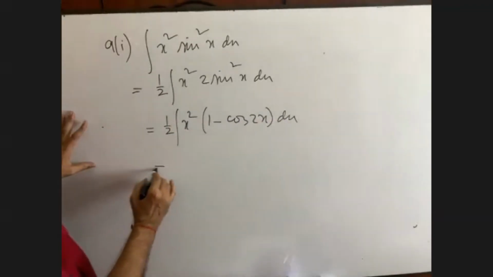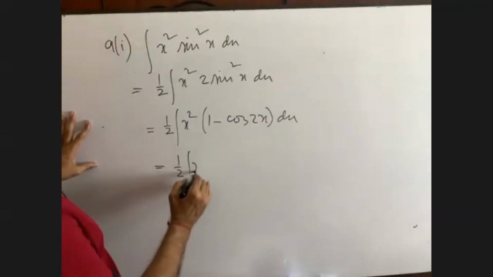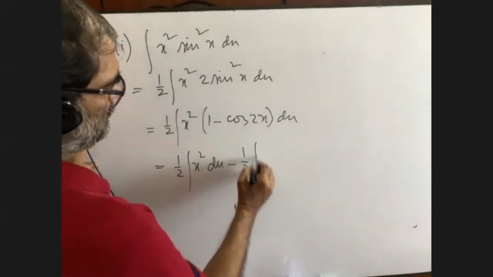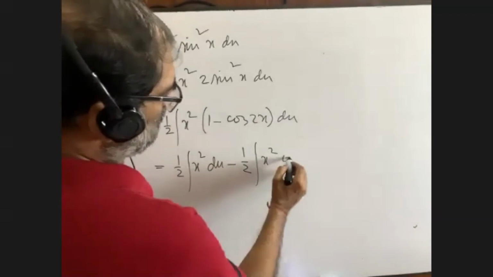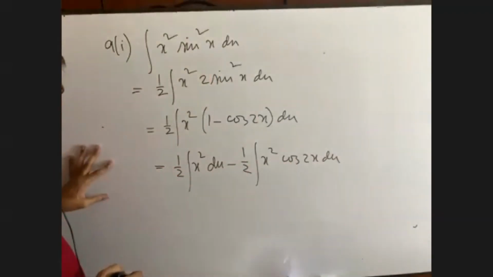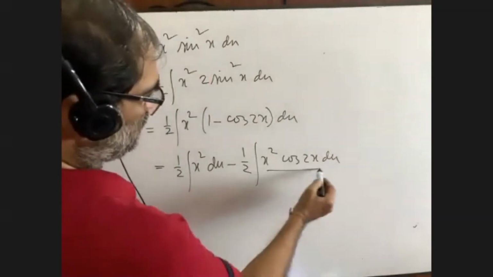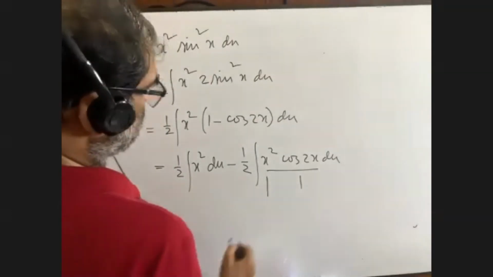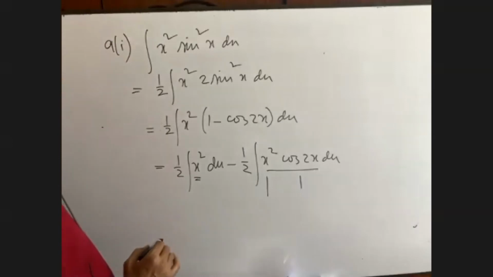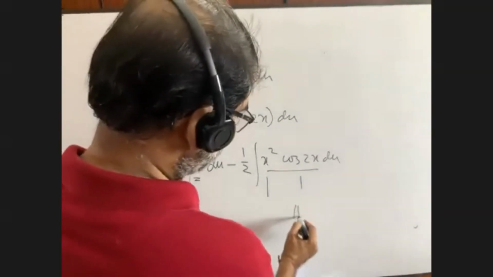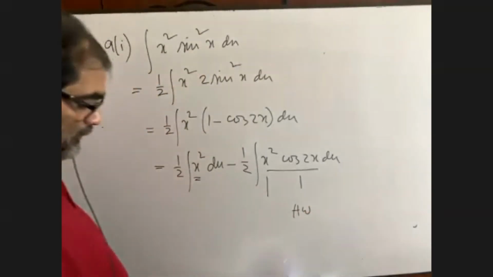That means we are getting here half x square dx minus half x square cos 2x dx. Now you see we did this type of math in question number 8. So it is your homework. It is now u, it is v, and you know its integration. So you can do it. It will be given as homework.